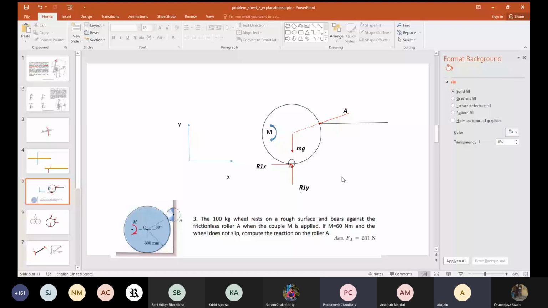You still have to take the 60 Newton meter. Irrespective of where you take the moment about, this couple of 60 Newton meter will have to come in your equation. So then we will have just the applied moment and the moment because of the friction. Yes, then you will, and if the frictional force was the unknown, then taking the moment about the center was a very good idea.